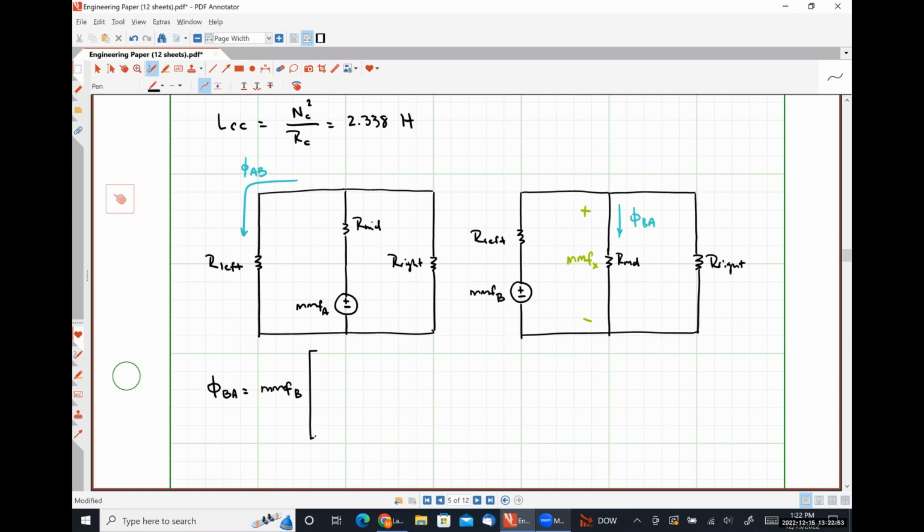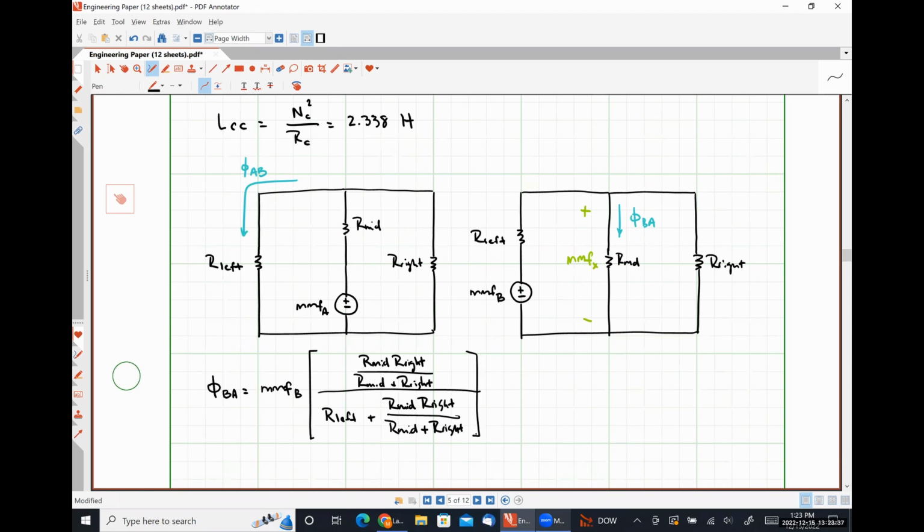I'm trying to find the MMF drop over R mid in parallel with R right. So that's going to look like R mid times R right over R mid plus R right. And I divide this by the total series reluctance seen by MMF B. So that's going to be R left plus R mid times R right over R mid plus R right.